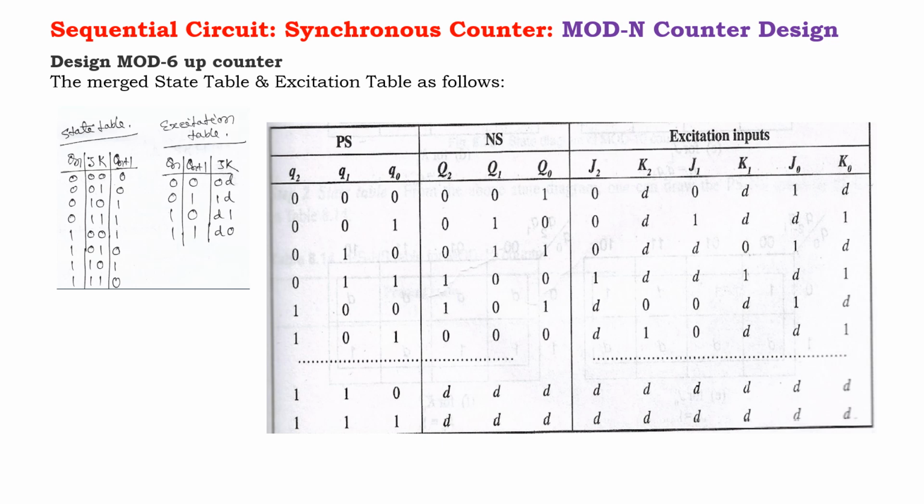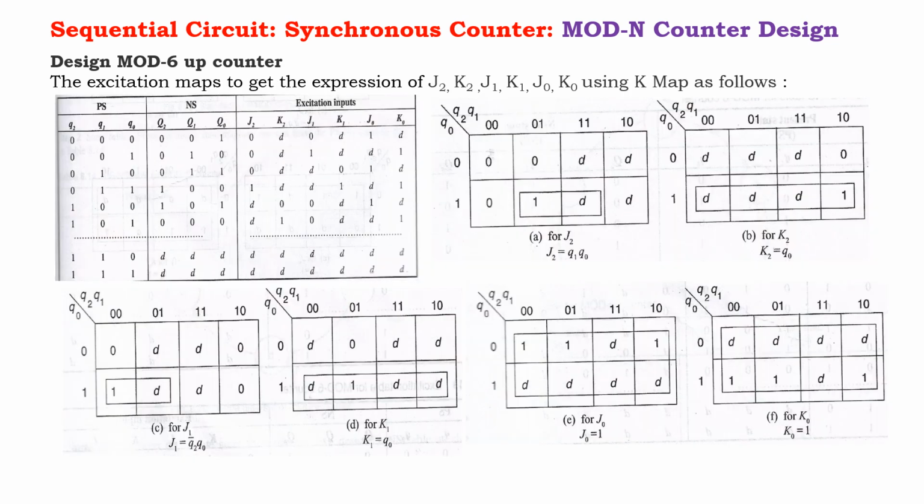Put the value of J2 in the Karnaugh map, then we will get the J2 expression, and likewise for K2, J1, K1, J0, K0, like this. Then make the groups and get the expressions.